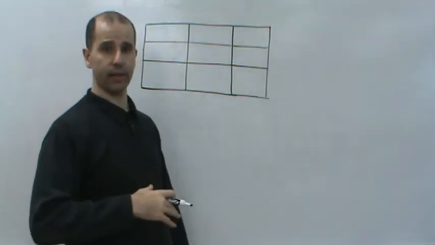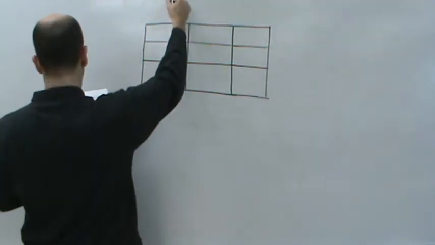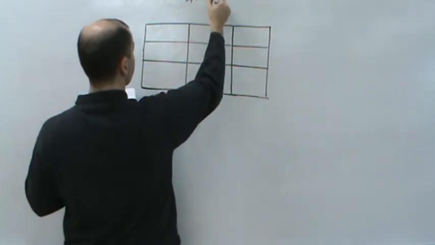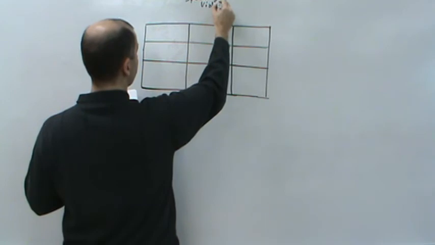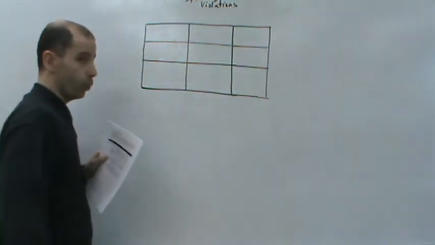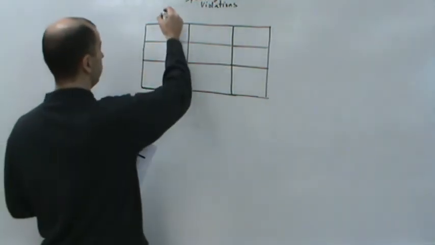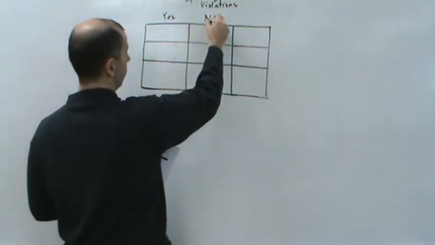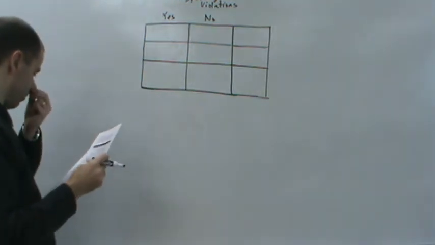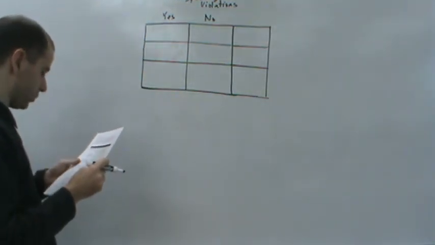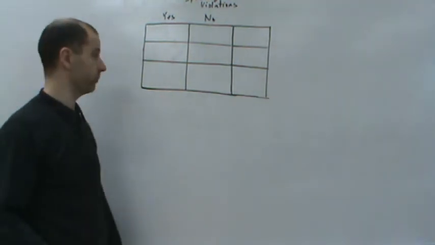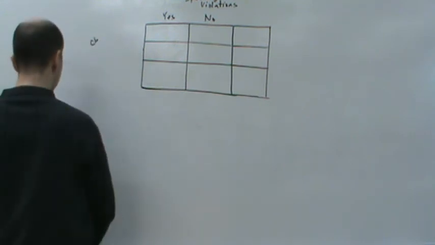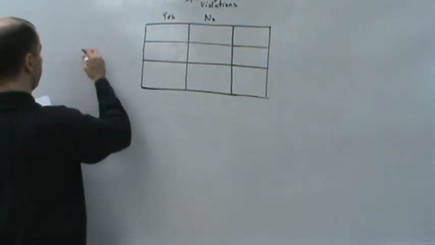So this is all going to be based on the last year. So this is going to be speeding violations within the past year. So we're going to have, yes, they did have a speeding violation in the past year, or no, they didn't. And we're going to say cell phone user or not a cell phone user. Okay, so were they using their cell phone? So we're going to have cell phone user.